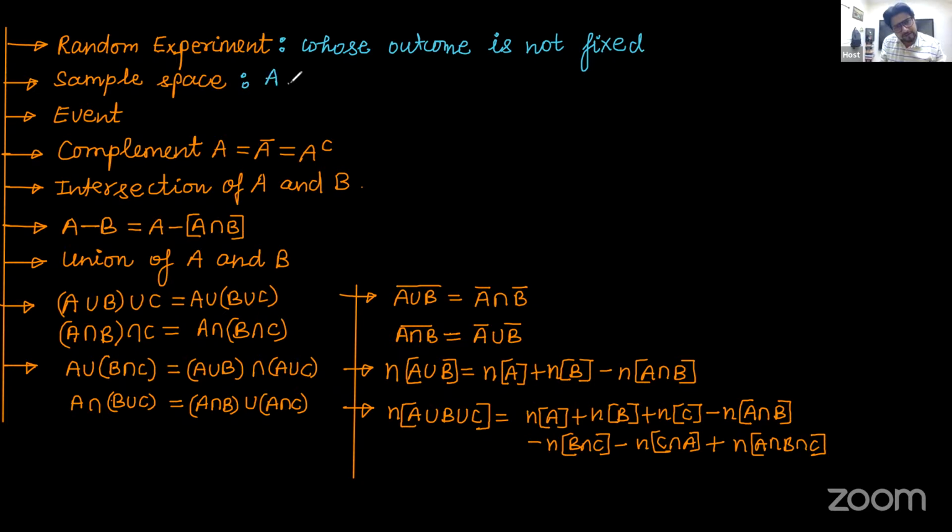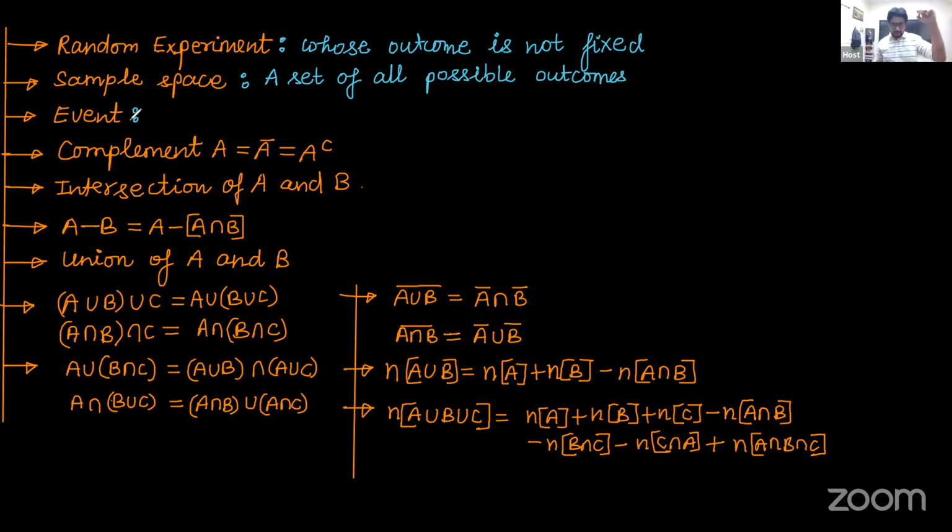Sample space is simply the set of all possible outcomes. The outcome is not fixed, but at least I can list all possible outcomes. That becomes the sample space.